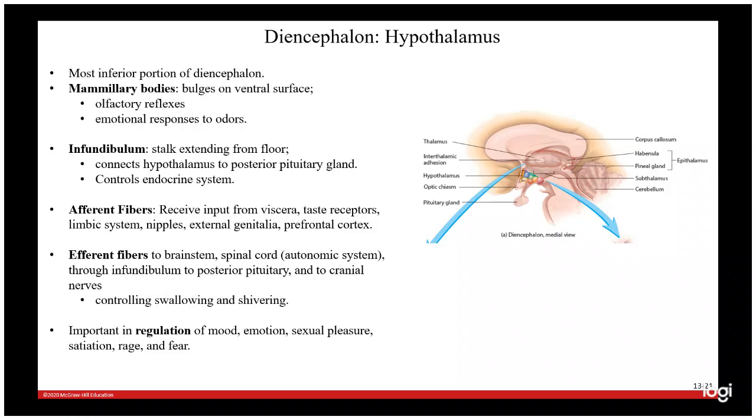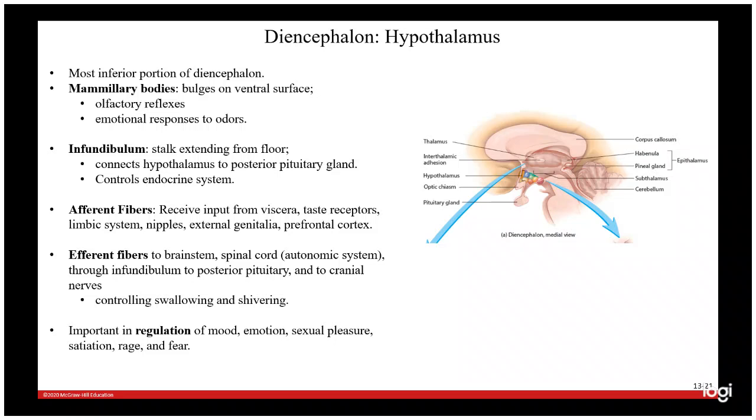I will probably wind up revisiting this with questions from you guys, because I usually wind up getting some kind of questions about the limbic system, and the limbic system is sort of the primal part of your brain that plays a role in that mood, sexual pleasure, satiation, rage, and fear. They call it the lizard brain.